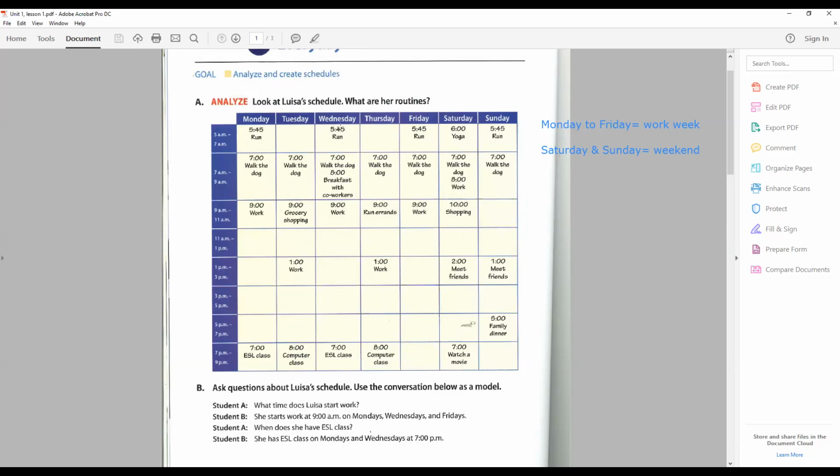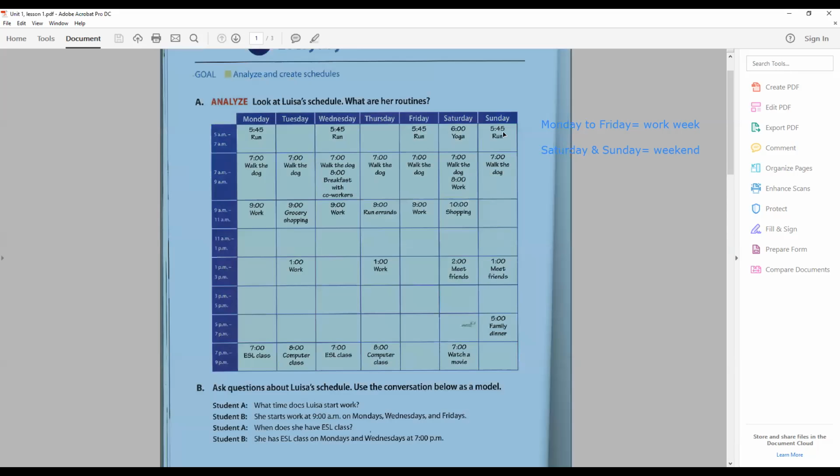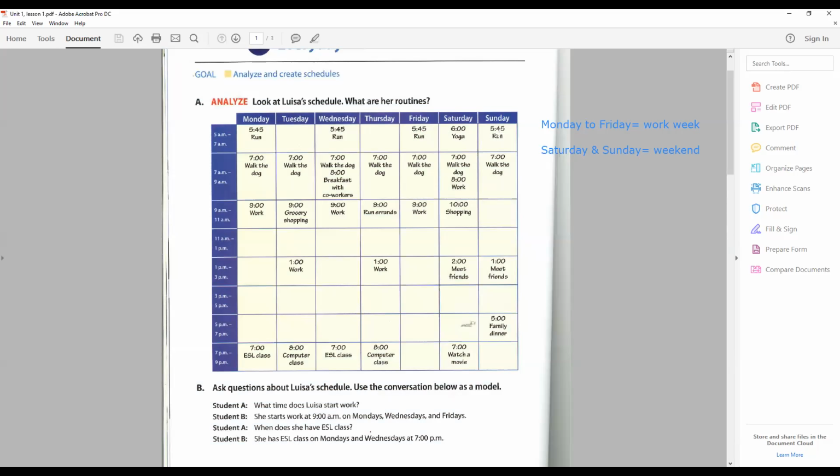So Monday, Wednesday, Friday, and Sunday, she goes on a run. Okay. On Saturdays, she does yoga at 6 in the morning. Okay. At 7 a.m. every single day, so Monday, Tuesday, Wednesday, Thursday, Friday, Saturday, Sunday, she walks the dog.